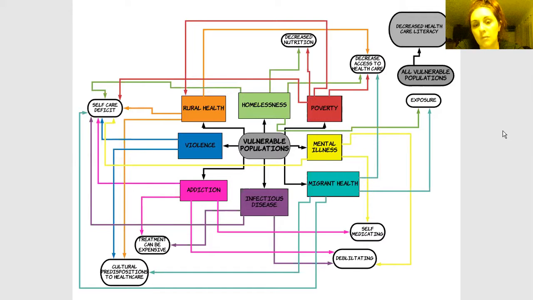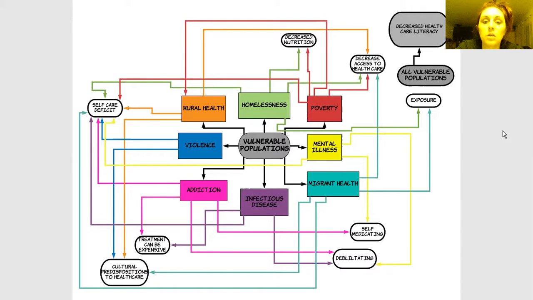Here in San Diego, where I'm from, we recently had a Hep A outbreak that was largely driven by homeless populations. And as we know, that's fecal oral exposure. That was really devastating to the homeless population here. So the two top green arrows, we have decreased access to healthcare and decreased nutrition.